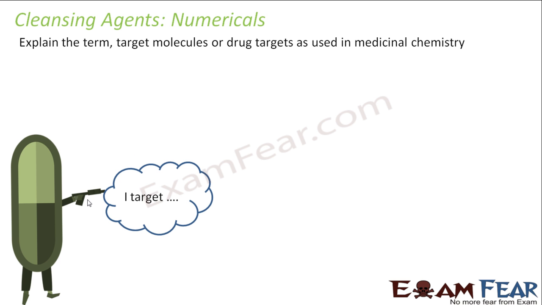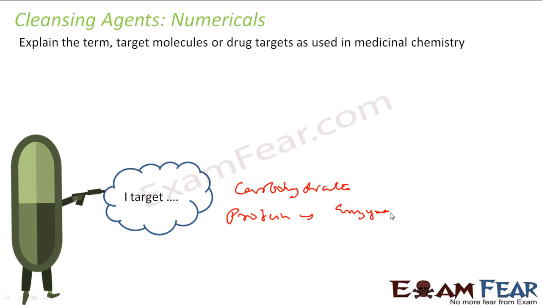The next is, explain the term target molecules. See, we have seen that these drugs target some macromolecules. For example, they target carbohydrates. Some also target proteins. In proteins, we discussed enzymes, and we also discussed receptors.